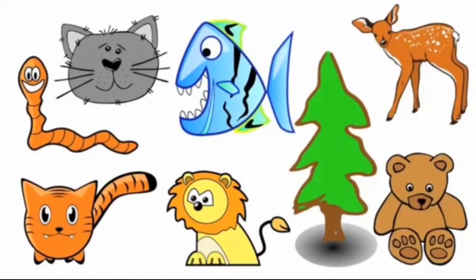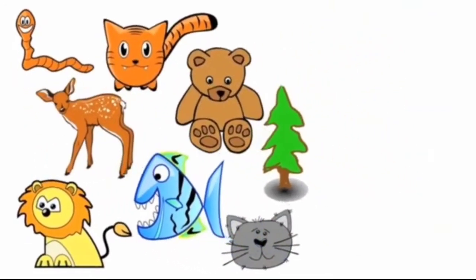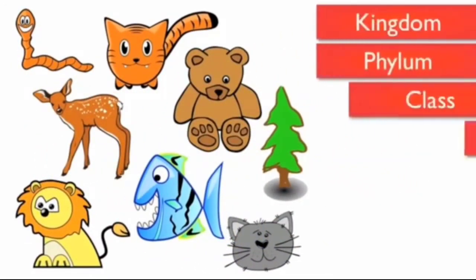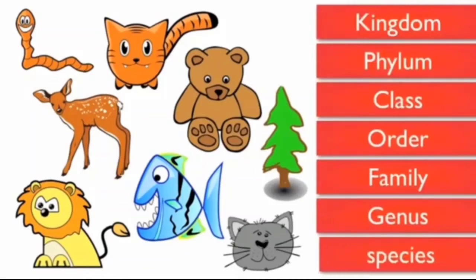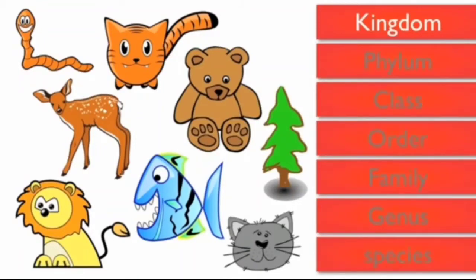There are some organisms in here such as worm, cat, fish, deer, bear, tree, lion, and tiger. Let's try to find the scientific name of lion by using the taxonomy system. The first level is kingdom.